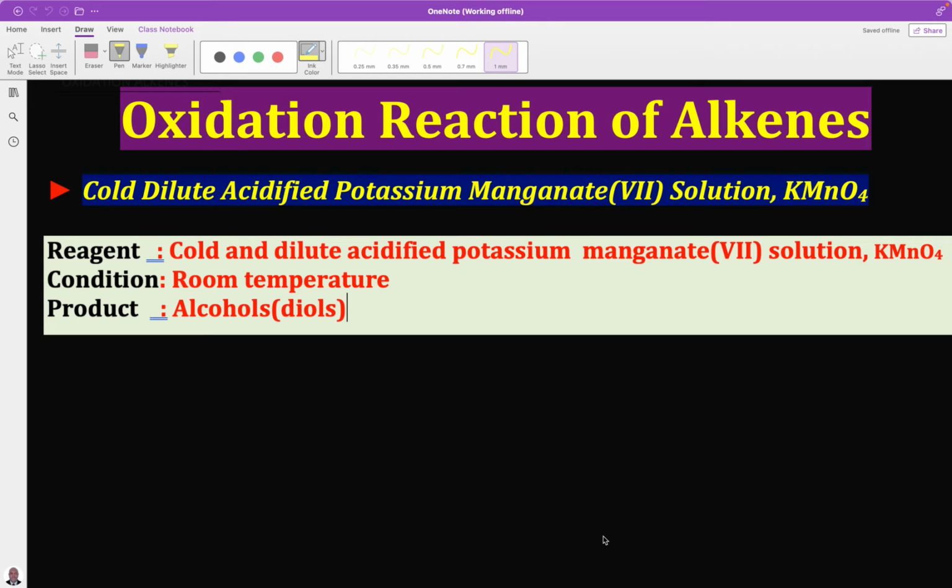As I said, we will be starting with the oxidation of alkenes using cold dilute acidified potassium manganate 7 solution.